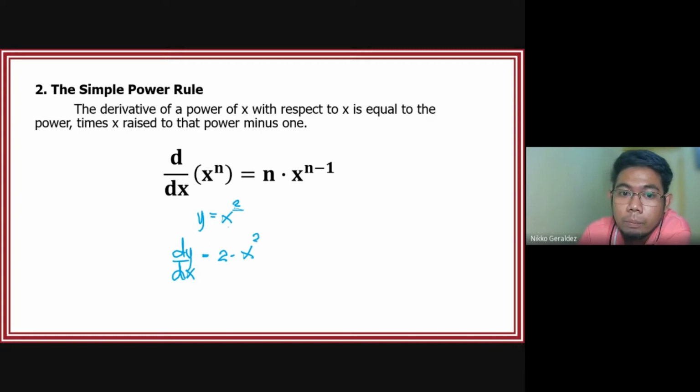So that is 2 minus 1, which gives 2x. So that is the simple power rule.